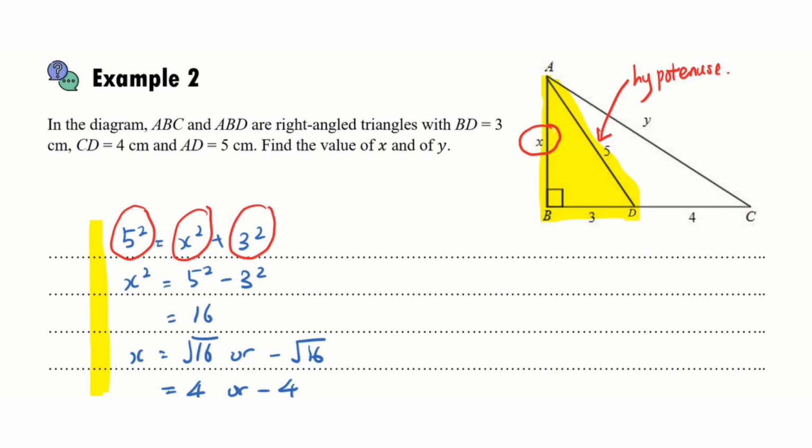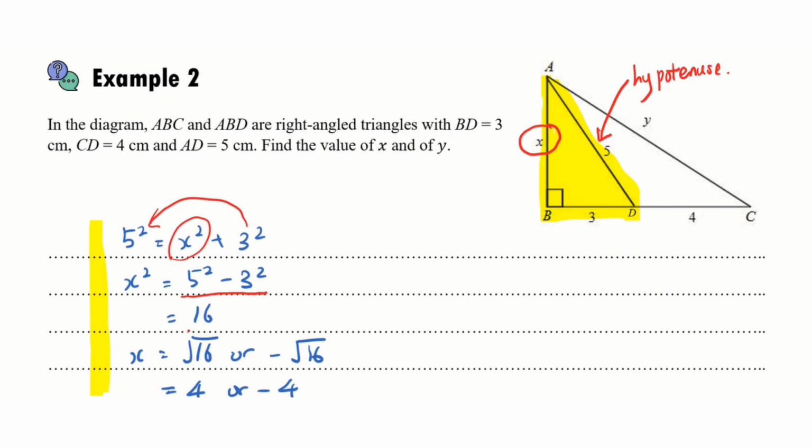So I get this equation, 5 square equals x square plus 3 square. I want to find x square, so I bring the 3 square over to the left side. That's why I have 5 square minus 3 square over here. I just skipped one step to write 5 square minus 3 square equals x square.